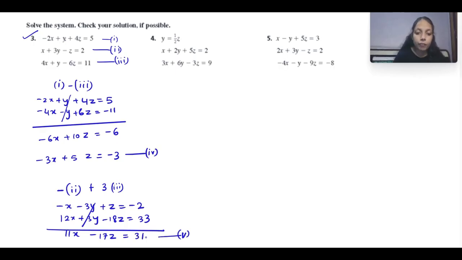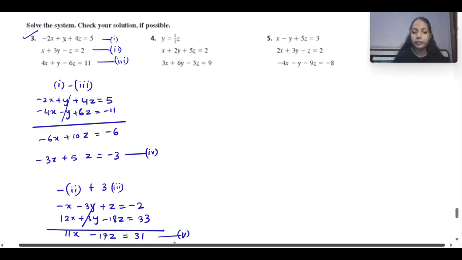We will solve the fourth and fifth equations. I am multiplying the fourth equation with 11. So it becomes negative 33x plus 55z equals negative 33. And equation number 5, I'm multiplying with 3. 11 threes are 33.